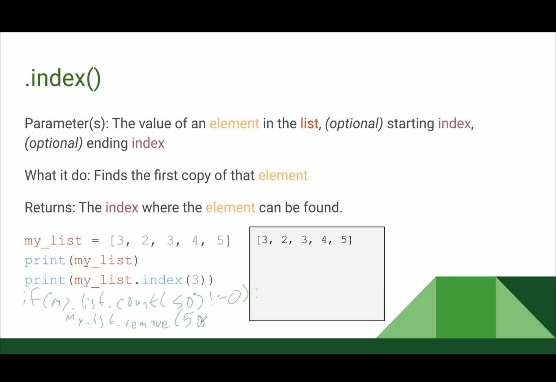And then that remove call is protected. It'll only run when there is a 50 to actually take out. Otherwise, it's just going to get skipped.